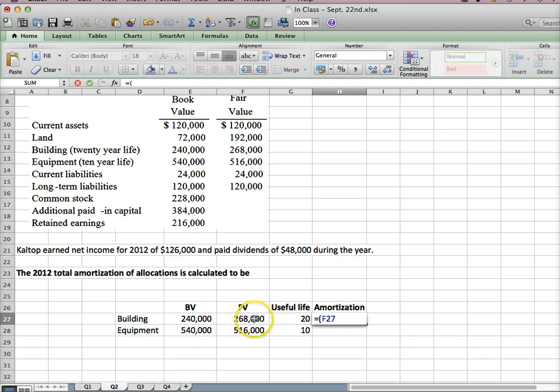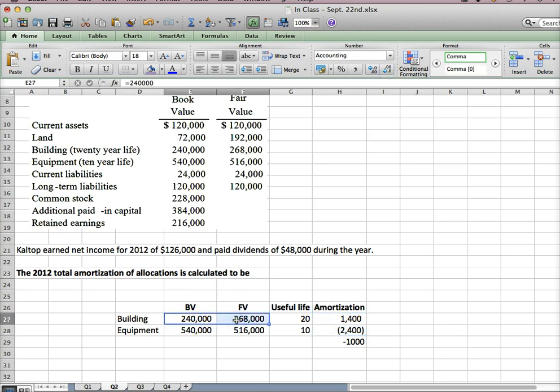You can see that we'd have to see the difference first and divide it by the useful life. As we do that, we see an amortization expense of 1,400 on the building. So every year, I actually have to amortize the building by 1,400 more.